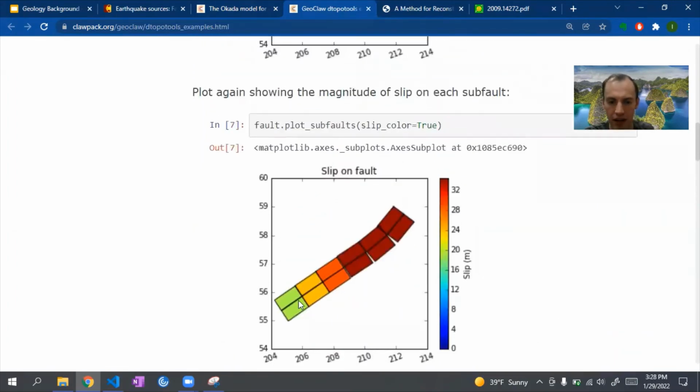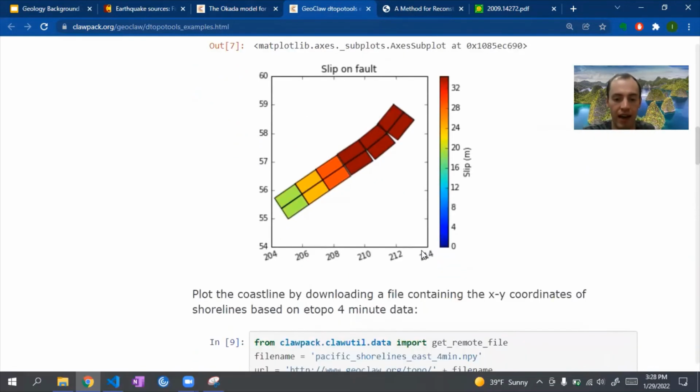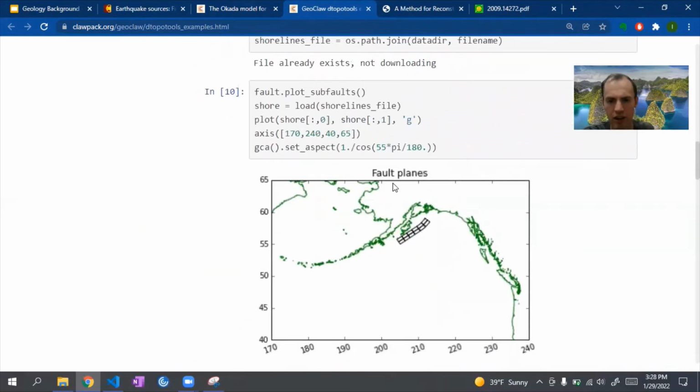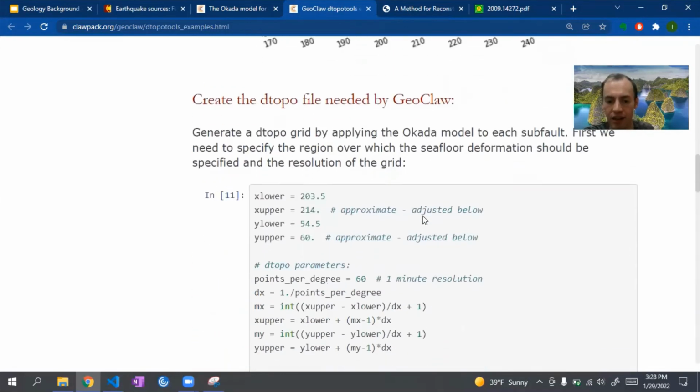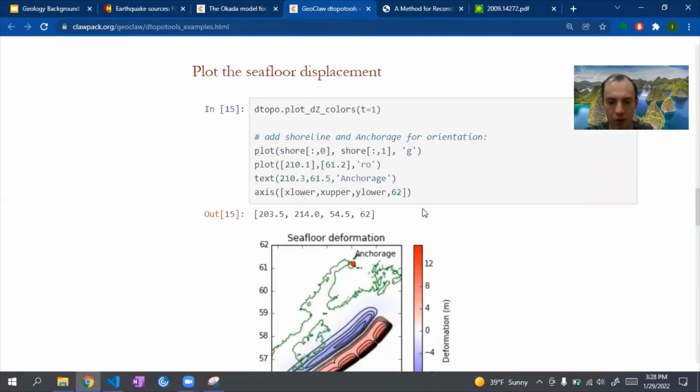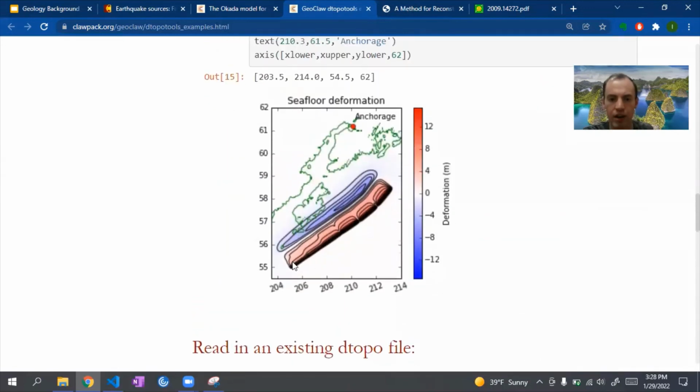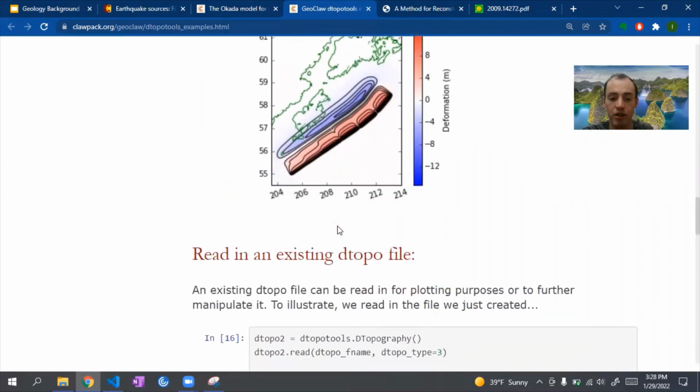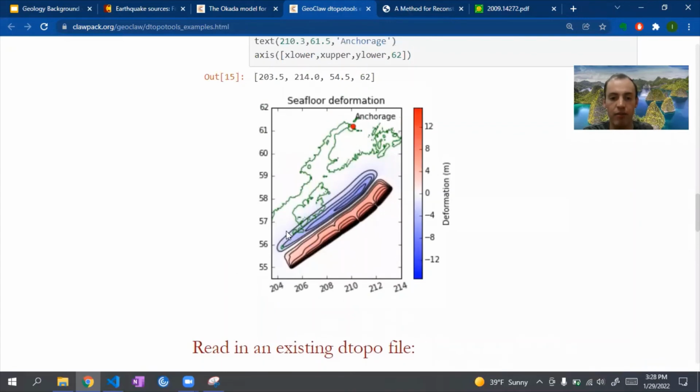So now we can have rectangles with varying amounts of slip as we go along that length. They give an example of a fault off the coast of North America near Alaska, showing that when we split that up, we can also model more complex geometries in that deformation.